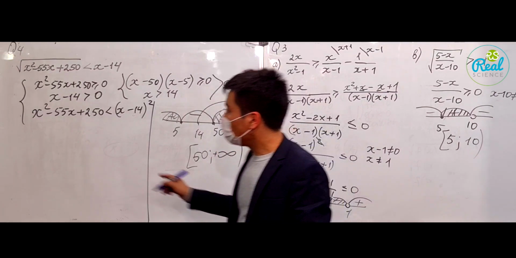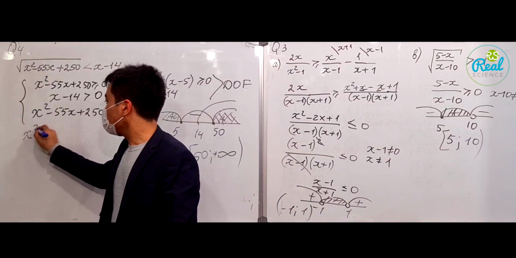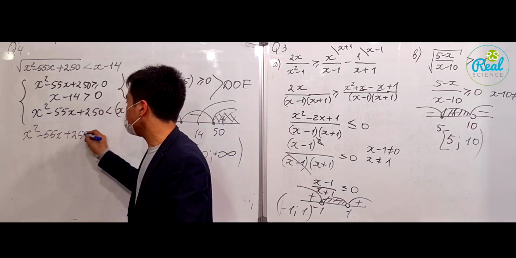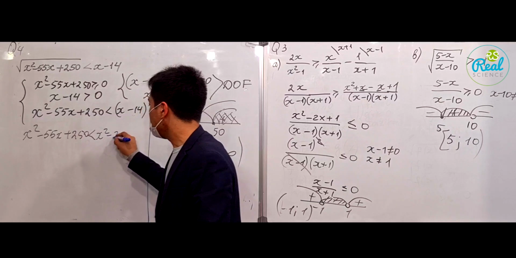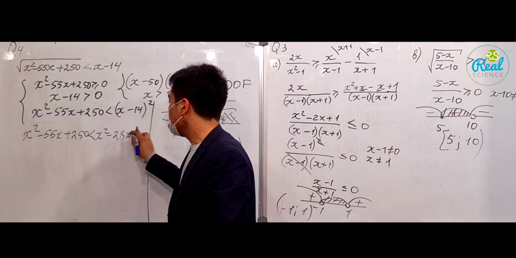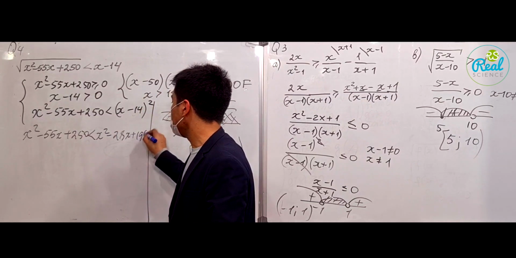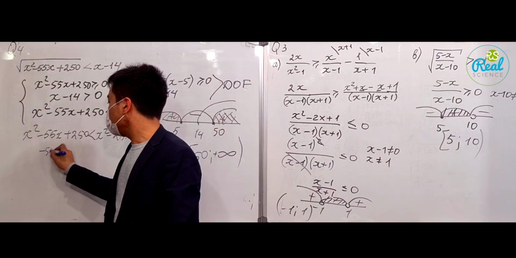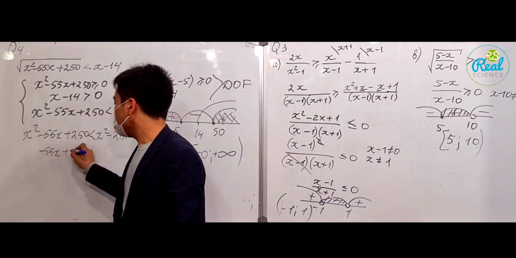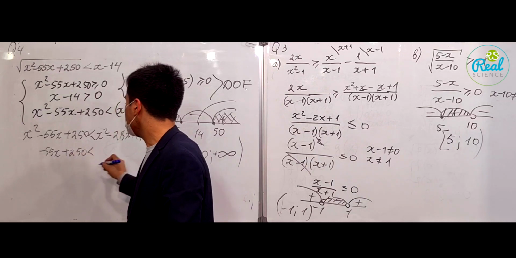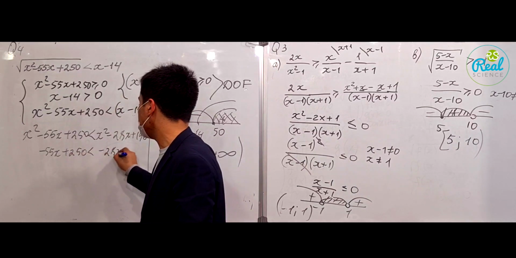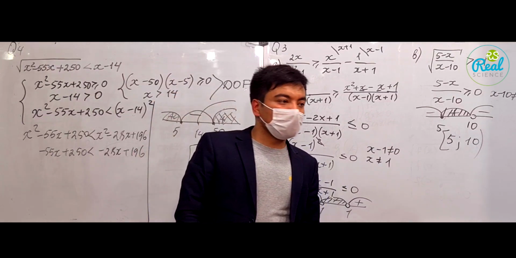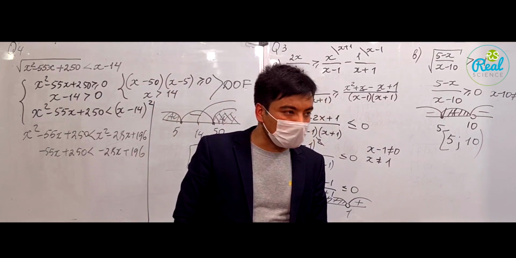Now we'll solve this one. X squared minus 55x plus 250, equal to x squared minus 28x plus 196. Now move unknowns to one side, numbers to the next side.